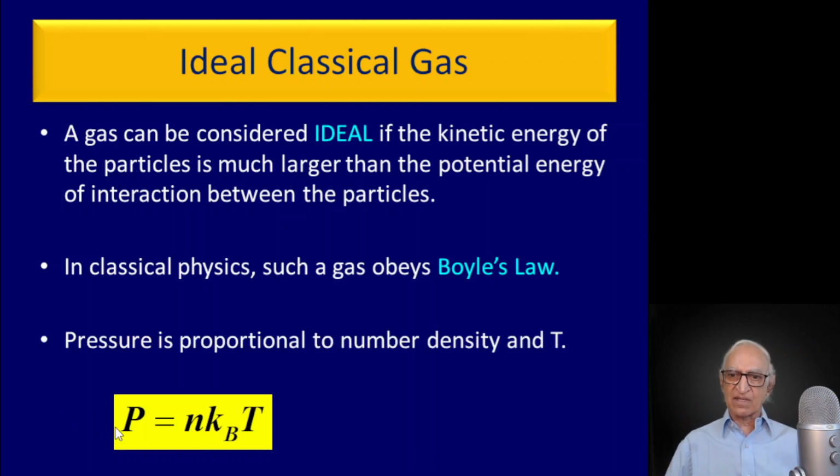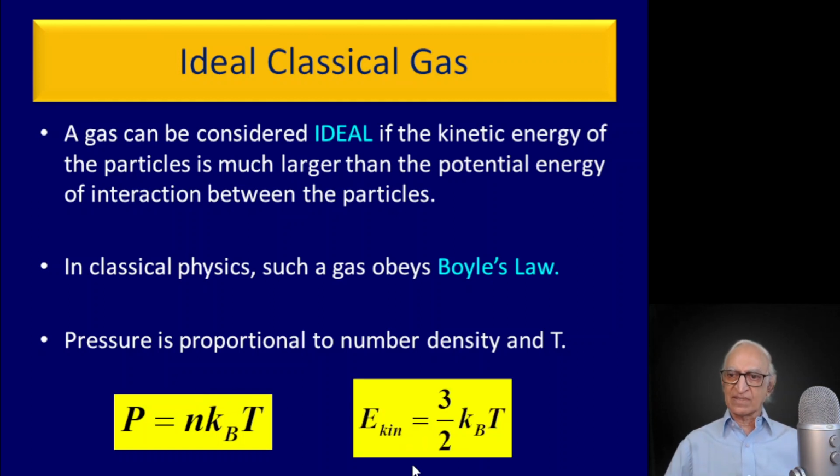And therefore the pressure is proportional both to the density, number density or mass density, they can be converted one to another, as well as the temperature. And the average kinetic energy of a particle of a gas at a temperature T is of course given by 3/2 kBT.